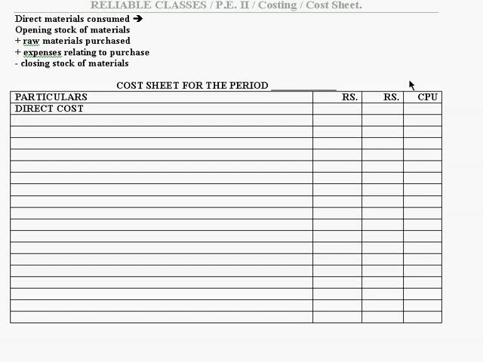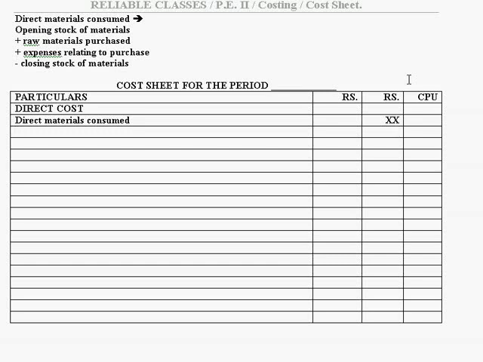In the direct cost, the first one is direct materials consumed. If direct materials consumed is given, straight away you will write in the outer column. Otherwise, if you are given opening stock, purchases and all, you will write in the first column, and then find the consumed, and you go for the outer column. Outer column is the middle column. Is it fine? The last column is the cost per unit column. We will talk about it later.